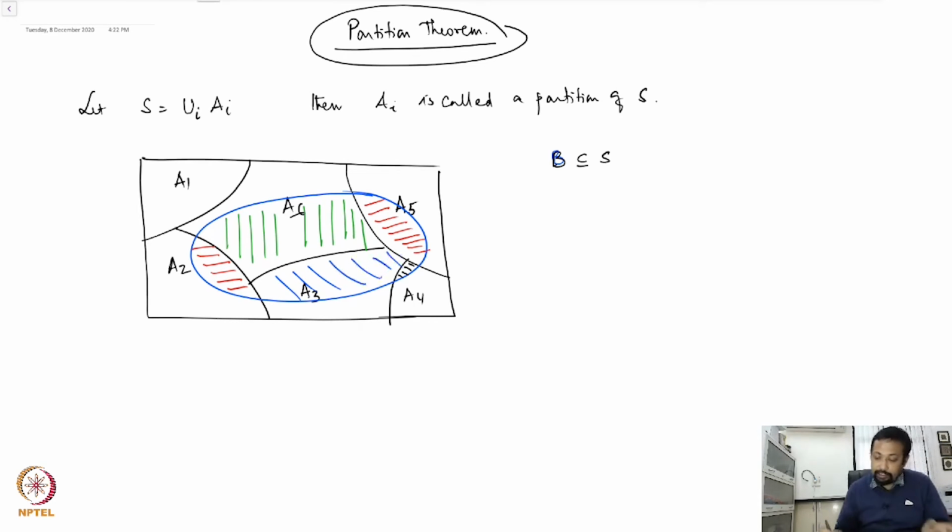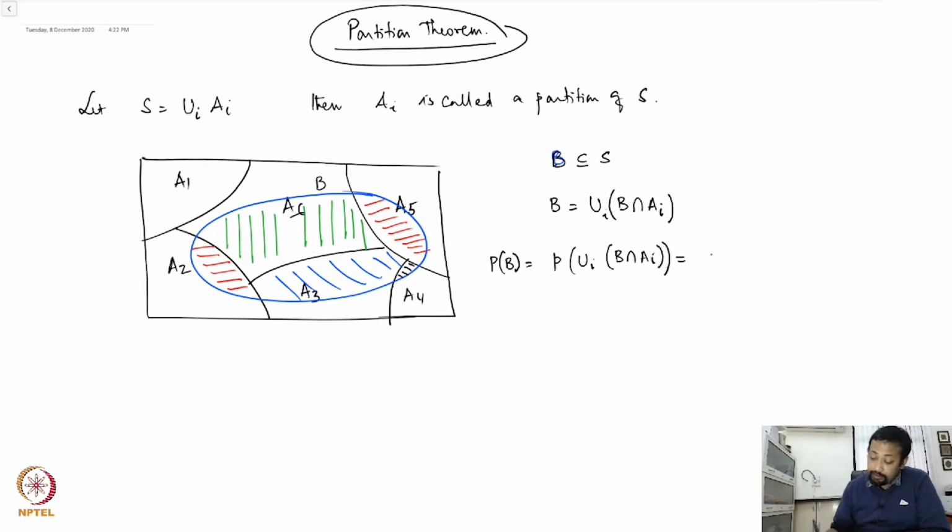Let's call this subset B. I can write B as the union of B intersection A_i. So if I want to calculate the probability of B, I calculate the probability of this quantity.